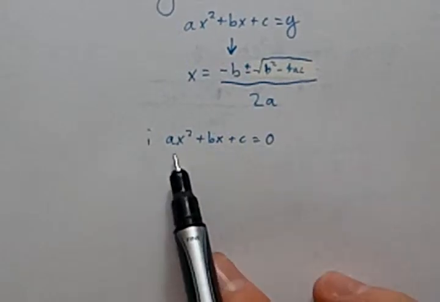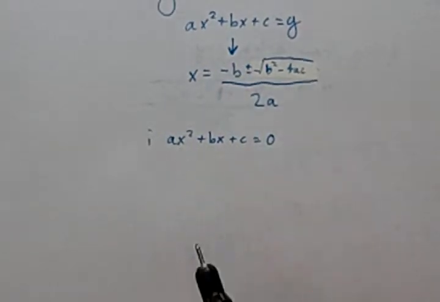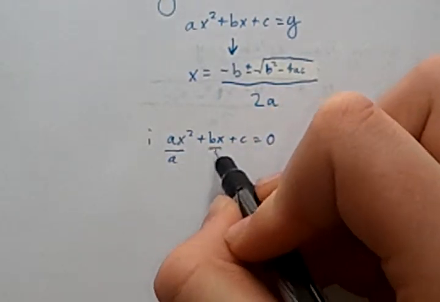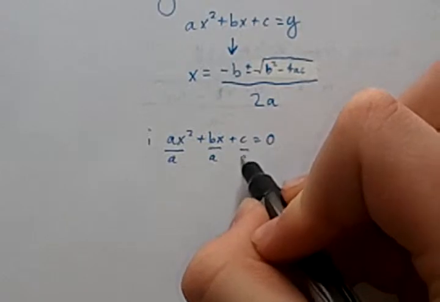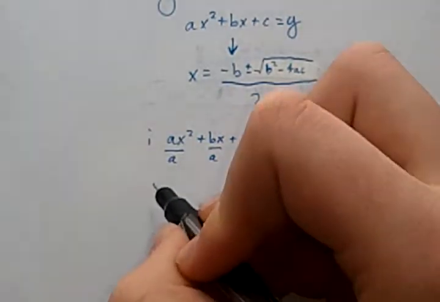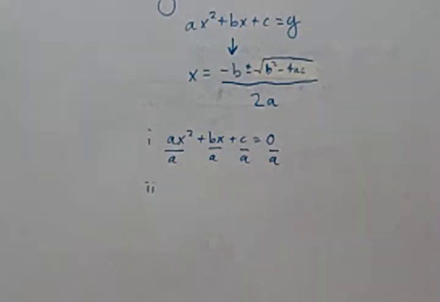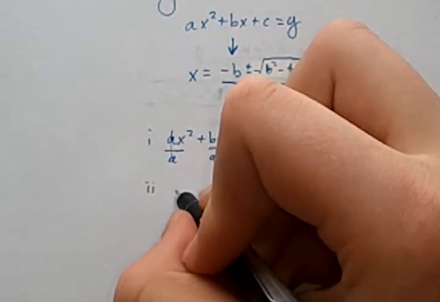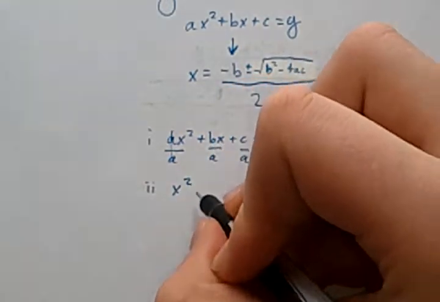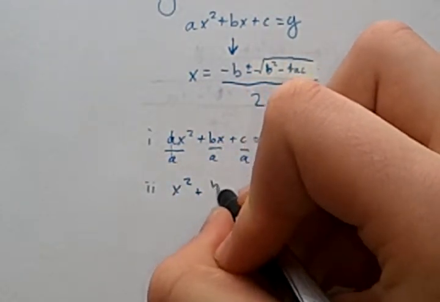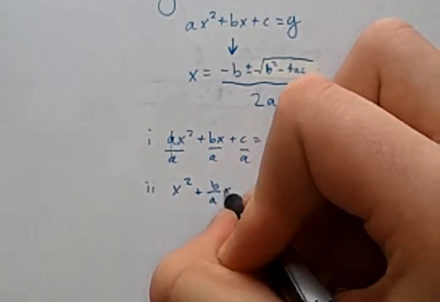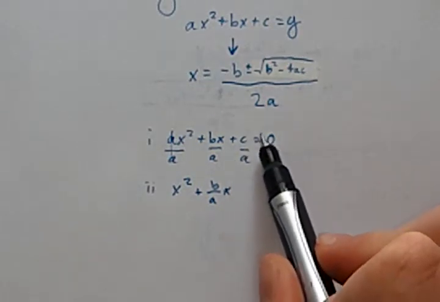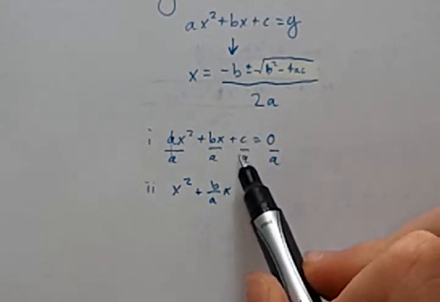Now the goal is to isolate the x, so the first thing that we want to do is divide everything by a. Our second step, once these cancel out, is we're going to get x squared plus b over a times x, and then we're going to move the c over a to the other side.